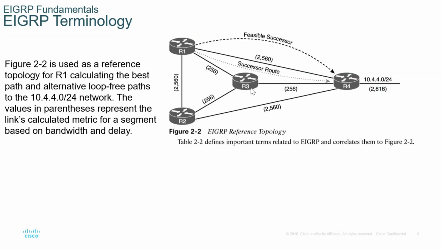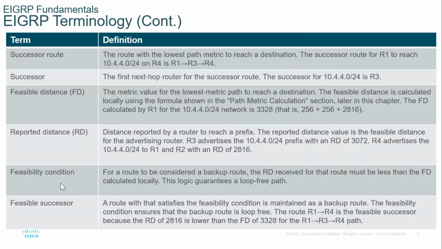This is the distance between R3 to R4 and the distance between R4 to reach the network 10.4.4. 2816 plus 256 becomes 3072. So R3 will report to R1, I have the path to this network and my reported distance is 3072.